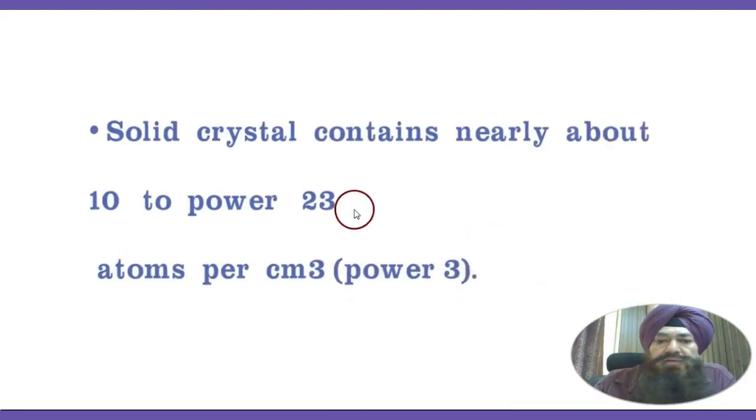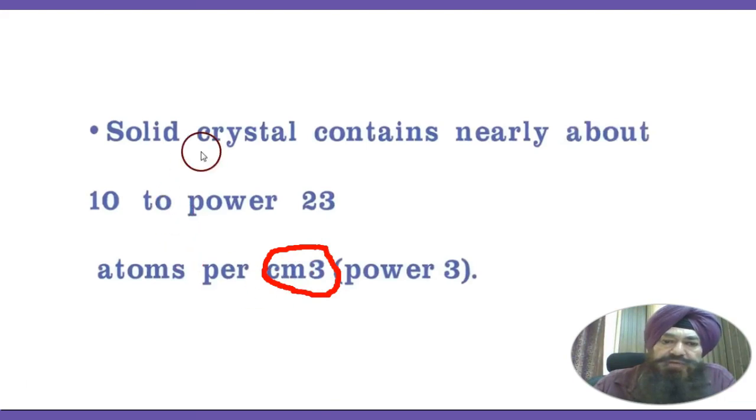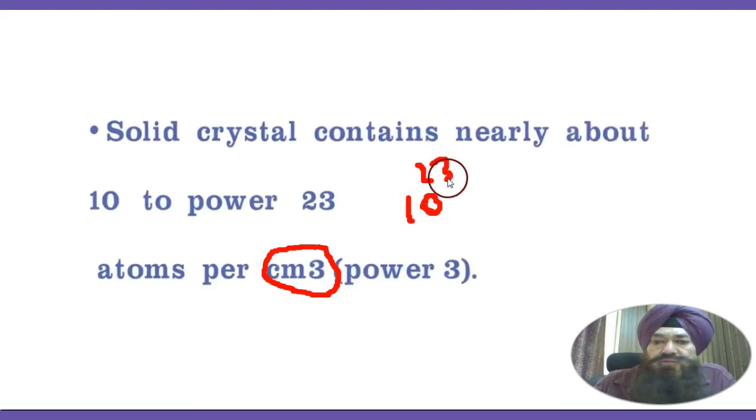Now, in a solid, if you take a volume of 1 cc, 1 centimeter cube, there are roughly 10 raised to power 23 atoms.